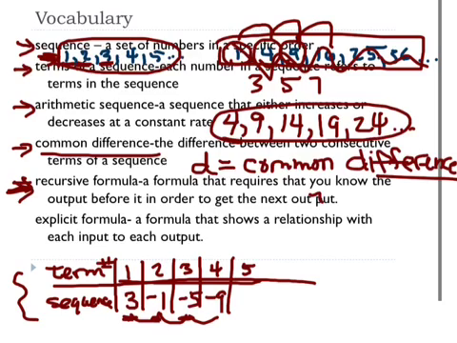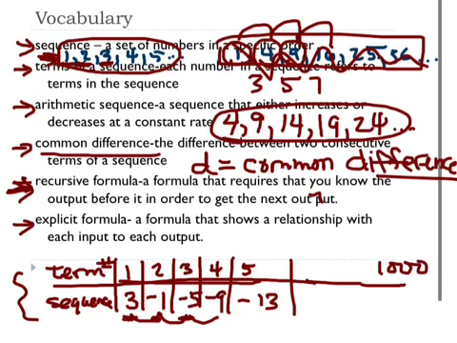That is looking at this particular problem with a recursive formula. So a recursive formula requires that you look at the last thing to get to the next thing. So just to finish this off, the fifth term would have to be, what are we going down by? -13.